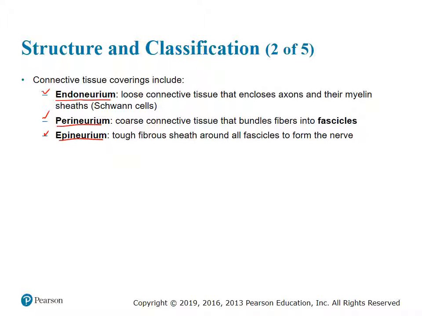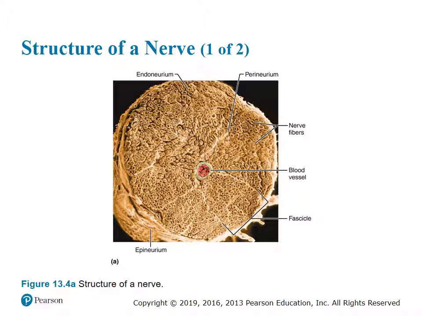And then we still use the same word in science there to describe the location, but then we change, as in muscle, the last word there, neurium, instead of mysium, right? But still talks about the coverings, right?